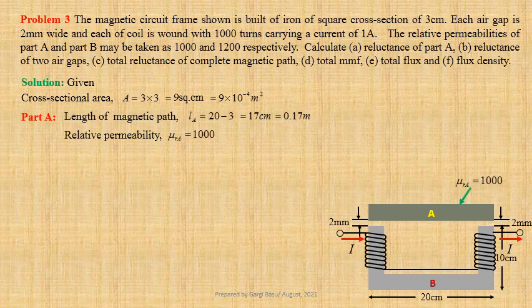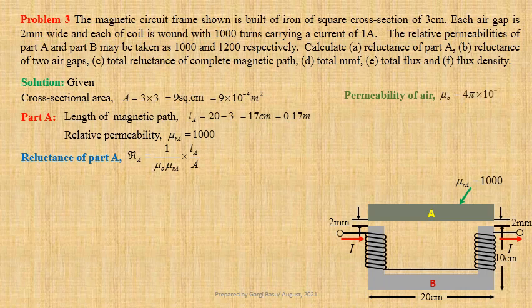Let us first determine reluctance of part A. Ra equals 1 upon mu 0 mu Ra into La by A. We know that the value of permeability of air or free space mu 0 equals 4 pi into 10 to the power minus 7 Henry per meter.